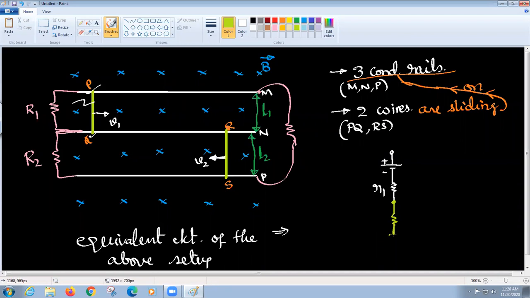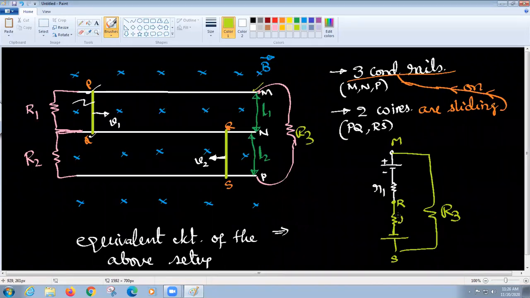So negative potential towards R, and positive potential towards S. Now from M to S, this is my M, this is my S now, you have some resistor. This is some R3. This connector has internal resistance R2, and this one has internal resistance R1. Resistance R3 is passive, and across this is my P.